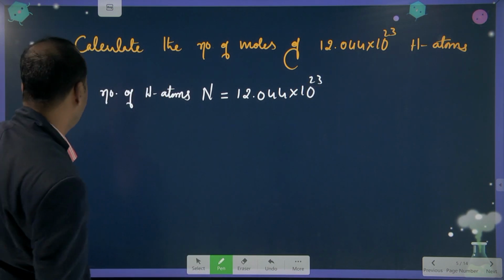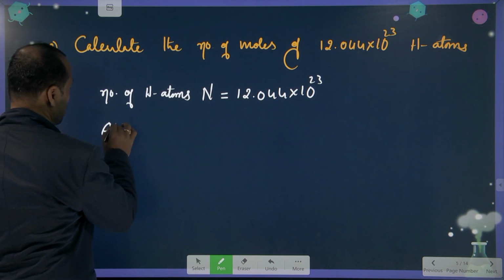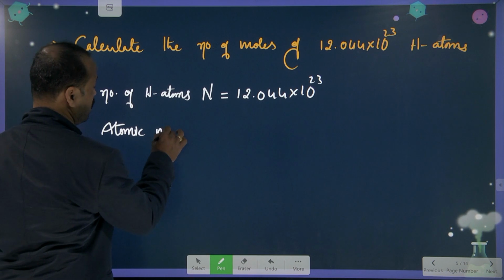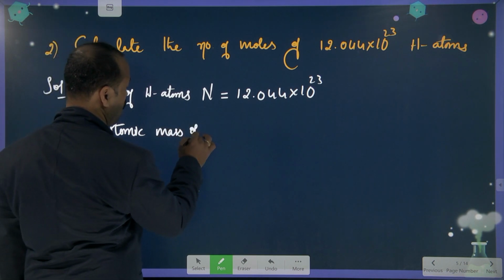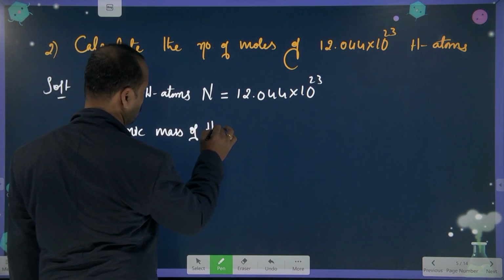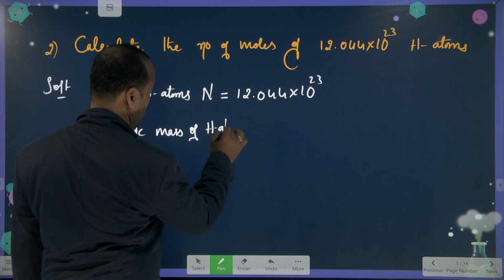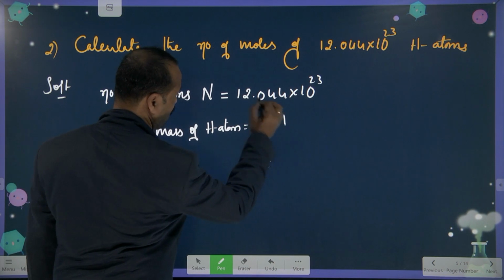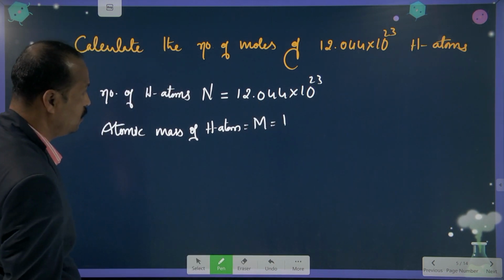Next, you know that atomic mass of hydrogen atom, capital M, is equal to 1. Yes or no?